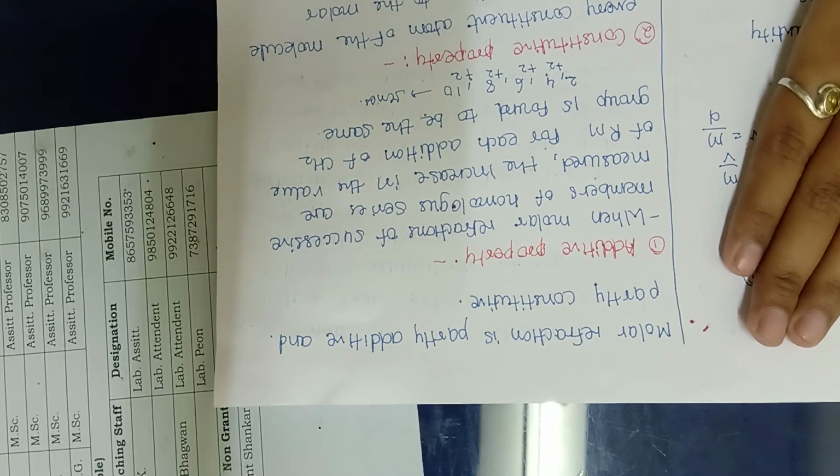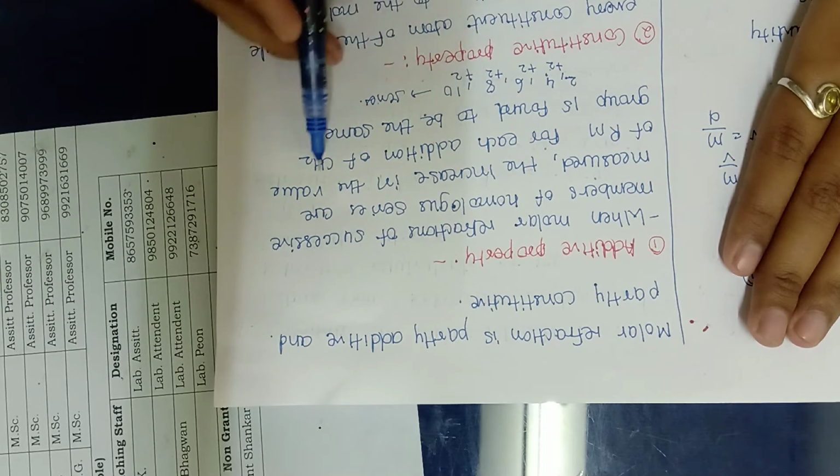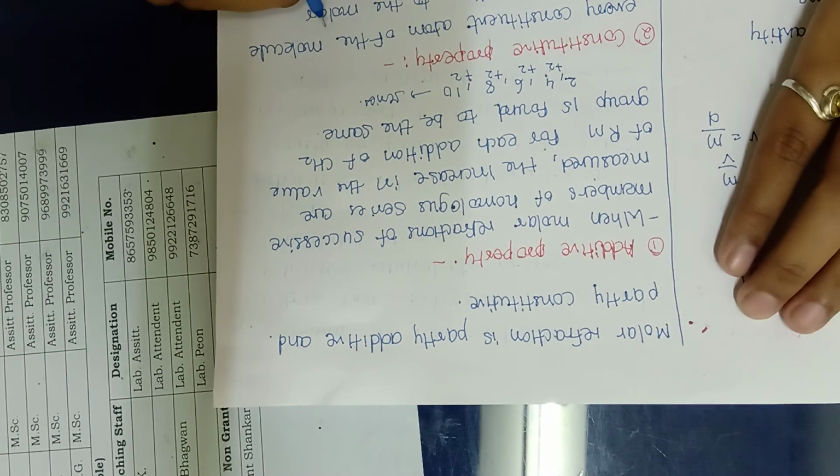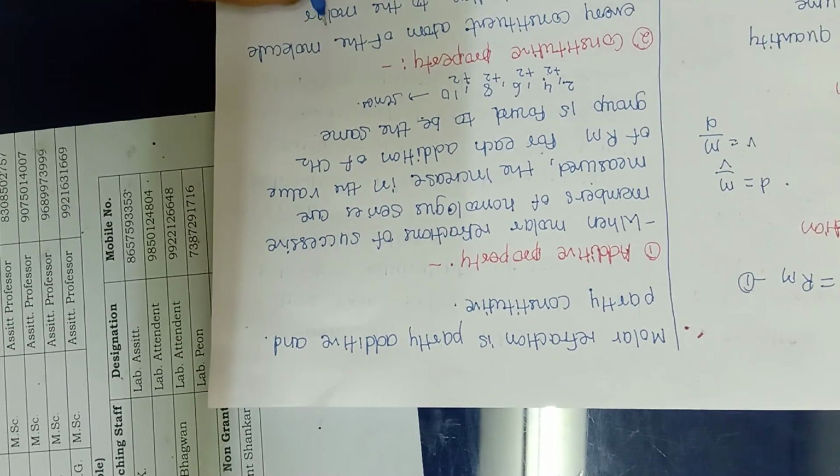So after each addition, it only increases by plus 2. So it is an additive property. The increase in the value of Rm for each addition of a CH2 group is found to be the same. We add the same amount of CH2 in every member. This is an additive property. We will take a numerical, then we will understand.